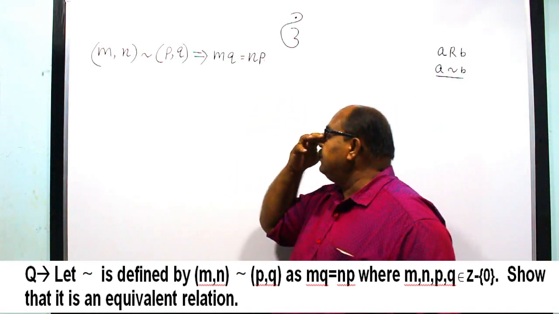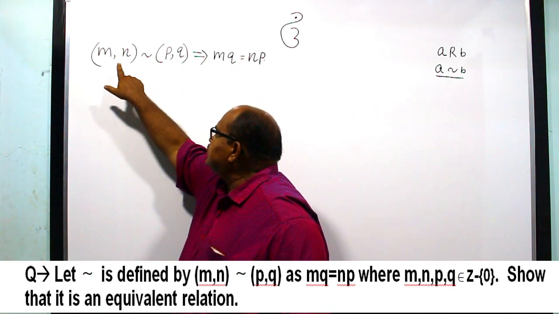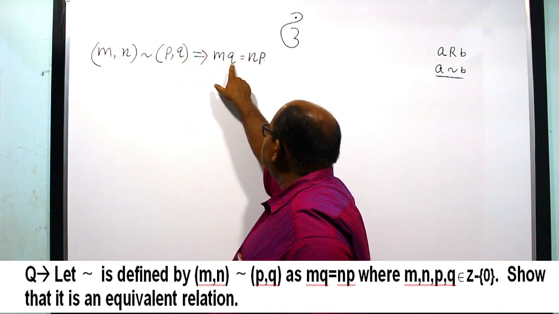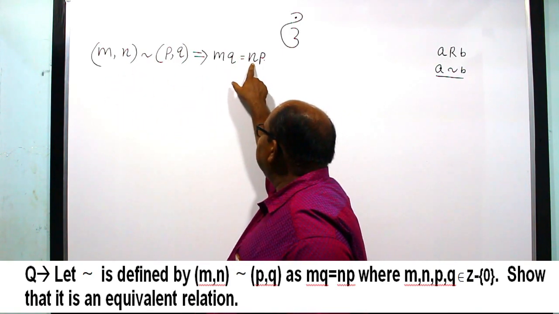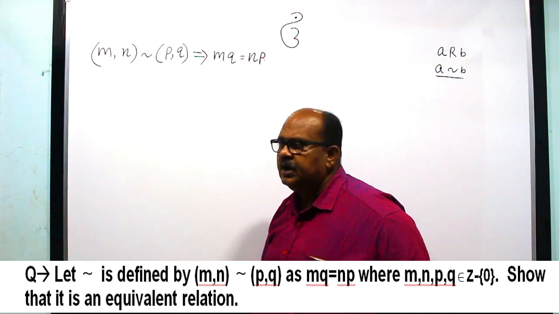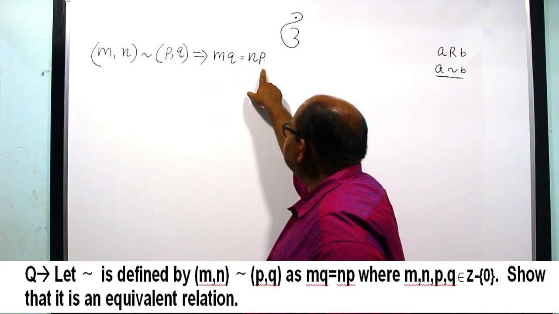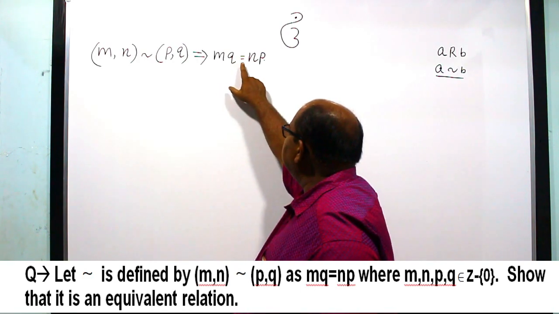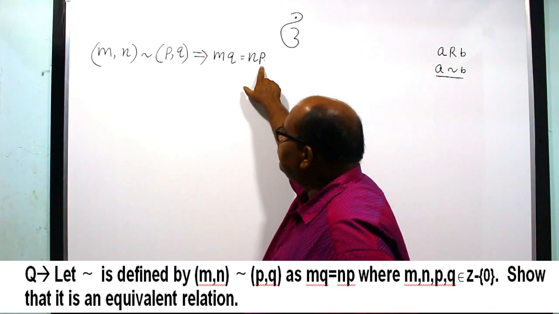Look at the relation: mq is equal to np means first ordered pair's first constituent into second ordered pair's second constituent is equal to first ordered pair's second constituent into second ordered pair's first constituent. You have to remember this.